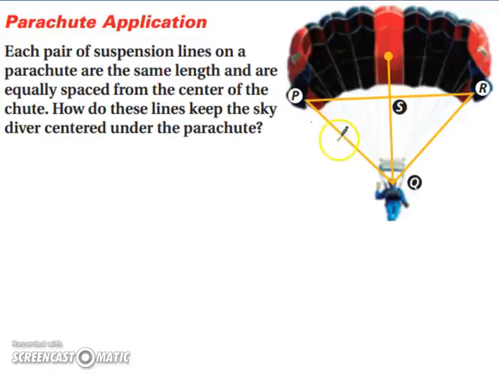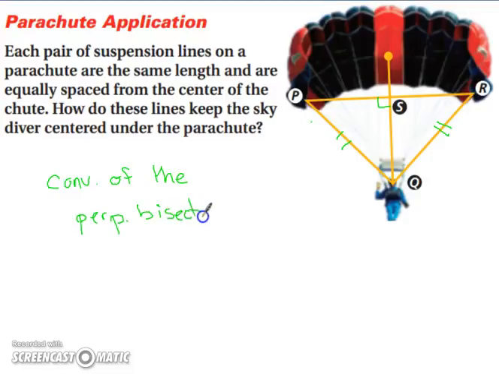Well, since PQ has to be congruent to QR and we're meeting at a perpendicular, that means that we can use the converse of the perpendicular bisector theorem. So that's how you know.